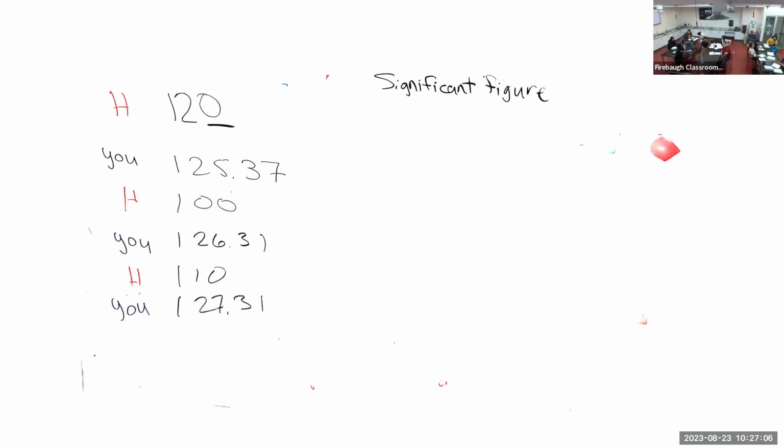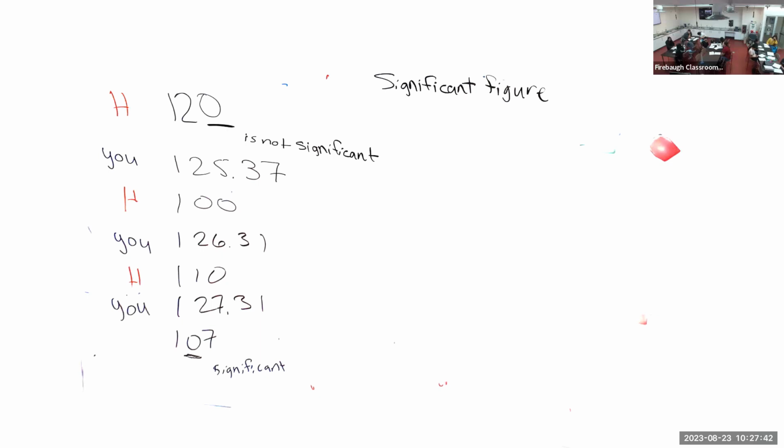But if we had something like this, 107, right? This zero is significant. So this one is going to be significant. This one is not. Okay? Significant. Okay, so in this case, how many significant figures do we have in this number, 120?